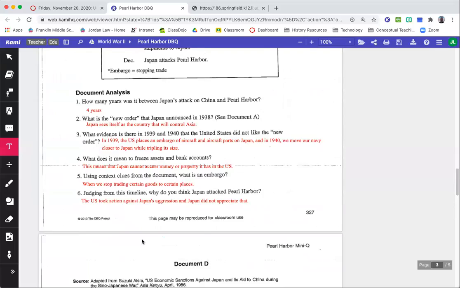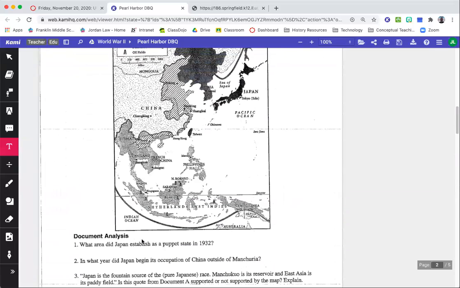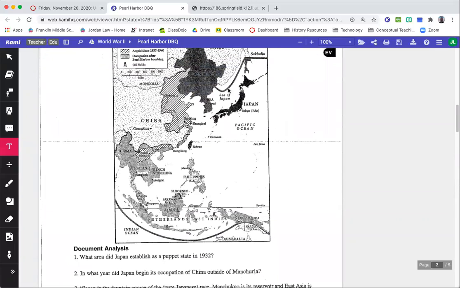Okay, so again, we're going to look at this map real quick. If we stop trading with Japan, they're still going to need oil, whether or not we're trading with them. So if they're not getting it from us, they're going to have to find a different way to get oil.